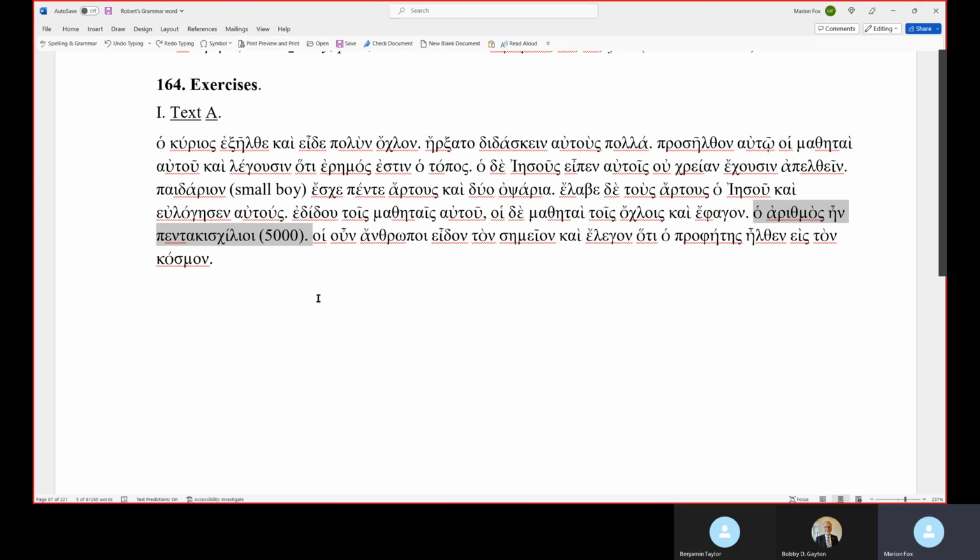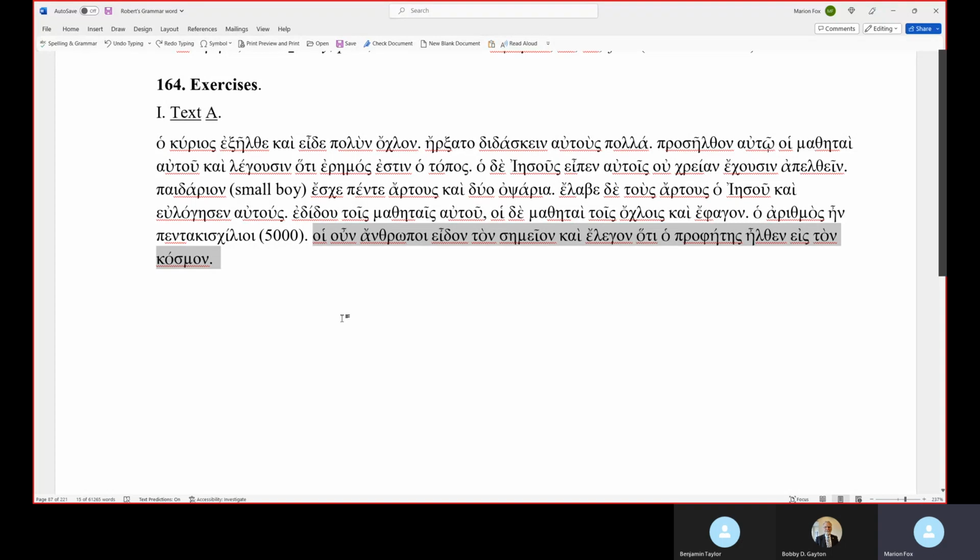Pentakiskaloi. That's correct. Benjamin's done better at his pronunciation than I am. Okay. That's very good, Benjamin. You do well, and your father does too. All right. That's perfect. I like your pronunciation.